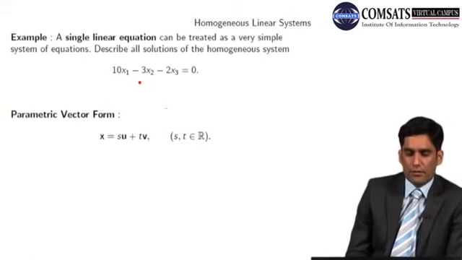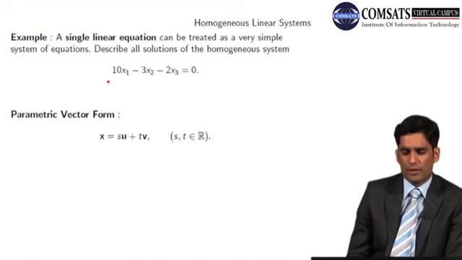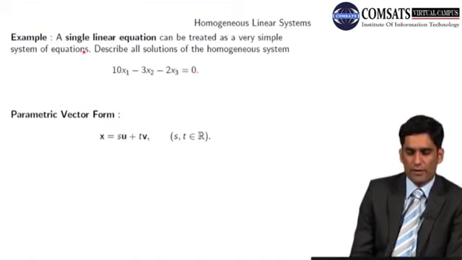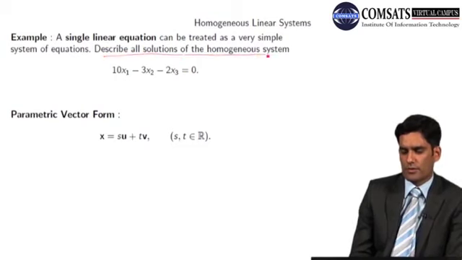The very simple homogeneous system of linear equations consists of only one equation with the right hand side as 0. A single linear equation can be treated as a very simple system of equations. I have to describe all solutions of the homogeneous system.